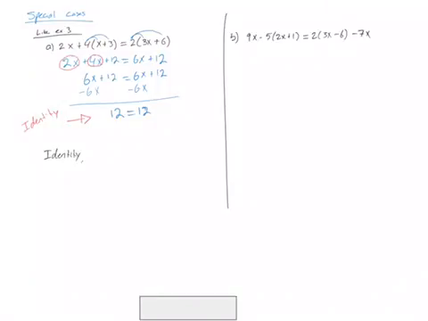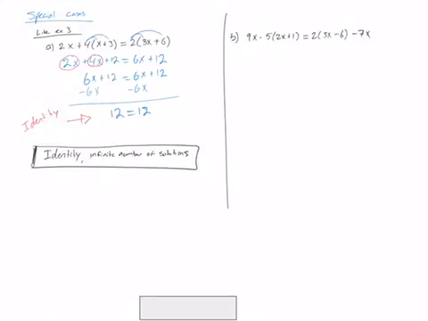And then you could say infinite number of solutions. Because any x you plug into this would make this true because it's an identity. No matter what you plug in, it's still going to be true.